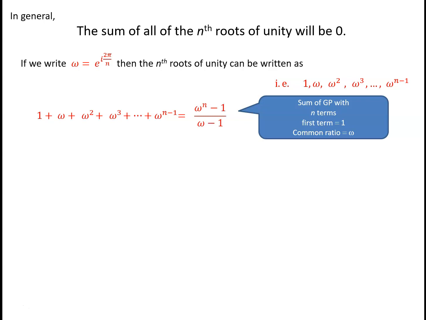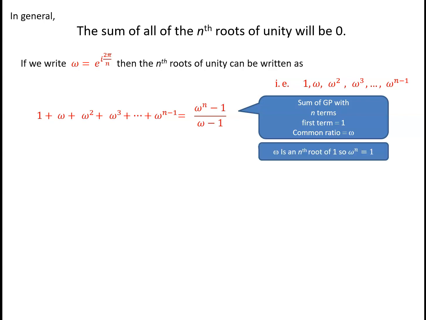We know that the sum of a GP can be written as a, where a is the first term, times r to the n minus 1 divided by r minus 1. So with a equals 1 and r equals omega, we know that the sum of that GP is going to be omega to the n take away 1 divided by omega take away 1.